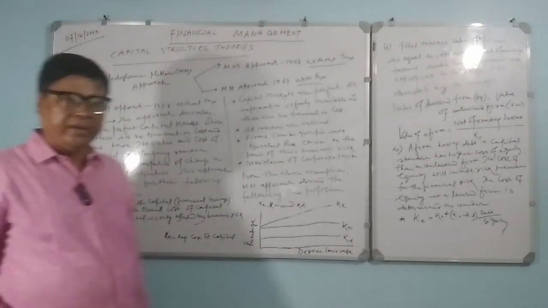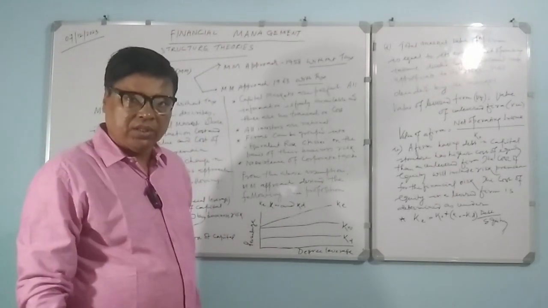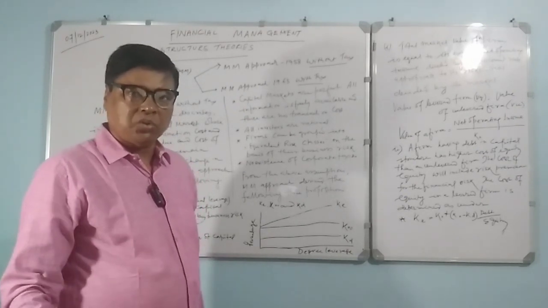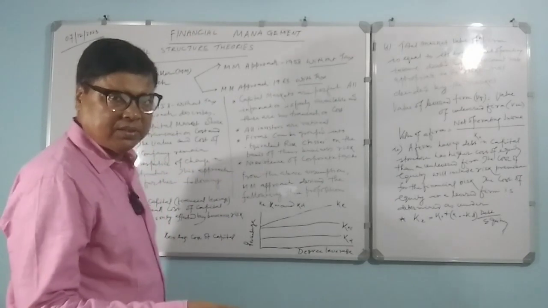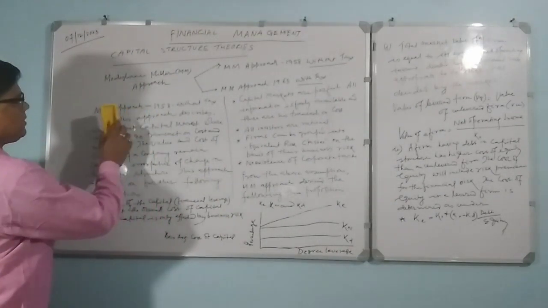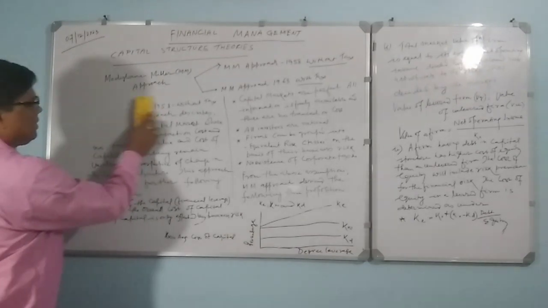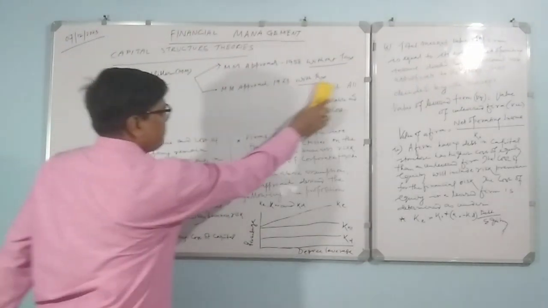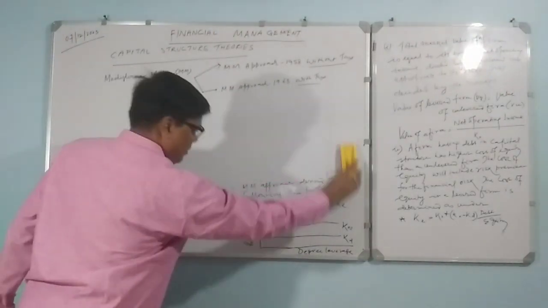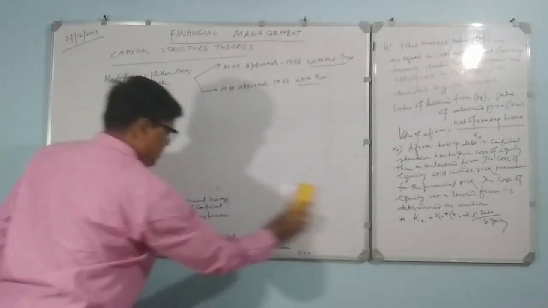So now we'll be going for this thing. Subsequently, they thought that in market conditions there will always be tax. Without tax, nothing you can think over. So that's why this MM hypothesis subsequently in the year 1963 has been changed a little. So what is that change? That we'll be discussing now.